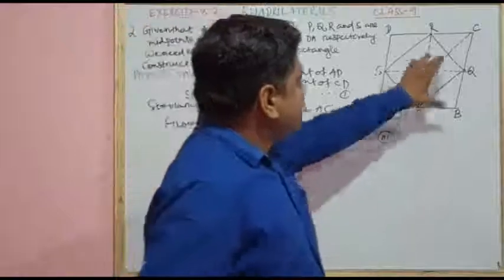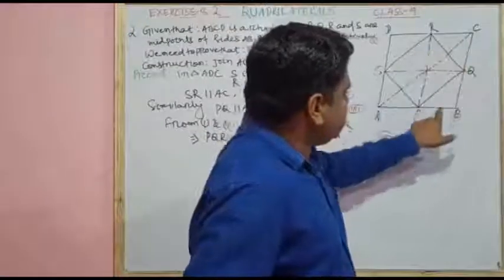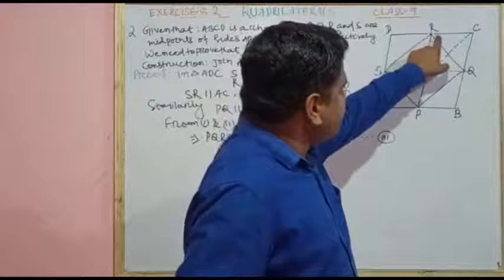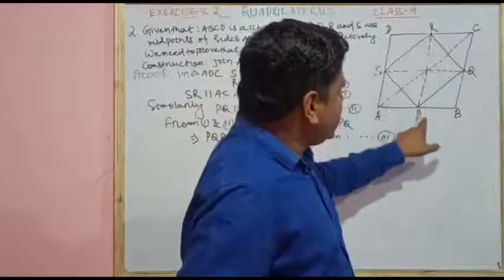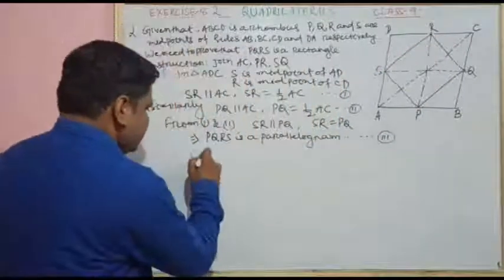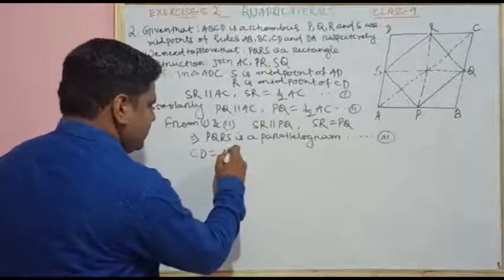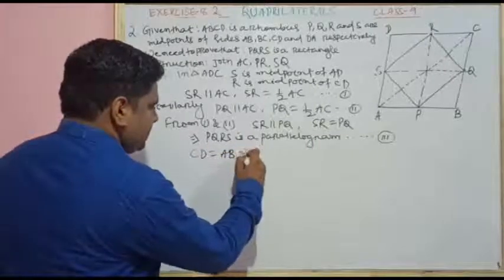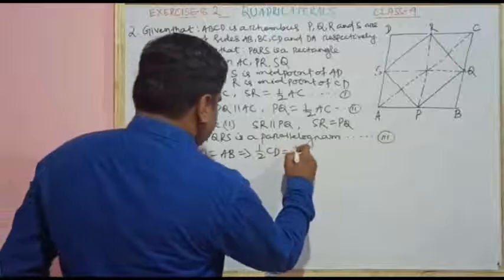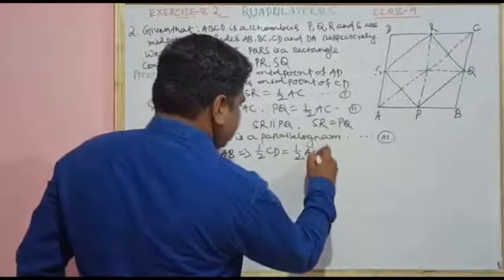we know that RC is parallel to PB because it is a rhombus. R is the midpoint of CD and P is the midpoint of AB. So we know that CD is equal to AB, this implies that half of CD is equal to half of AB.